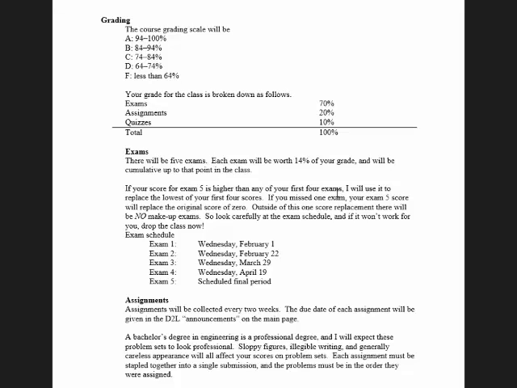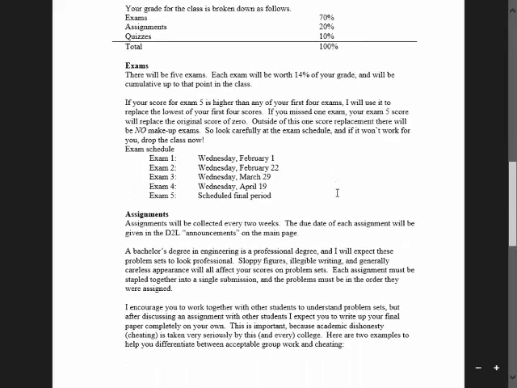The second most heavily weighted category is assignments. You're going to turn in assignments every 2 weeks. I'm going to list the assignments in the announcements on D2L. Each day I'm going to give an assignment.